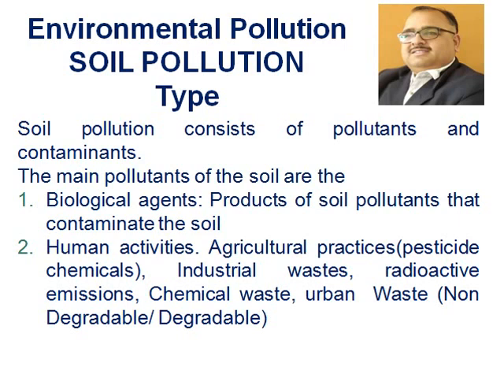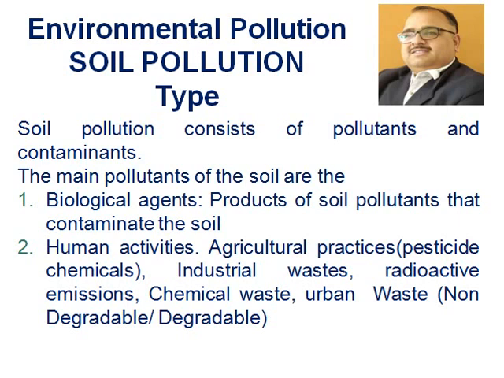Now, what are the types of these pollutions? First is the biological agents. So biological agents are the product of soil pollutants that contaminate the soils. And the second one is human activity, such as agricultural practice using pesticide chemicals.